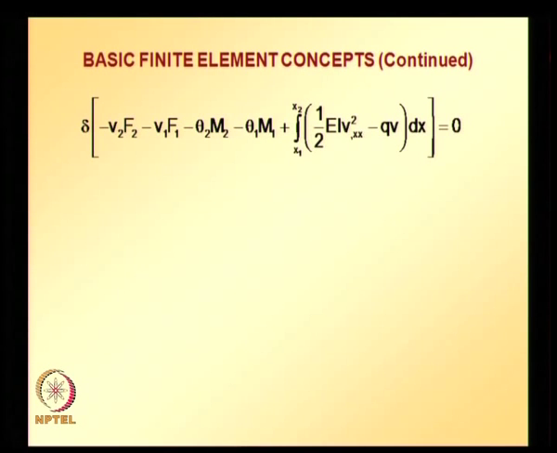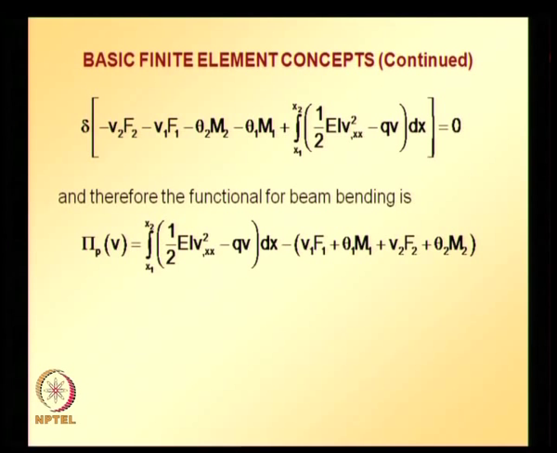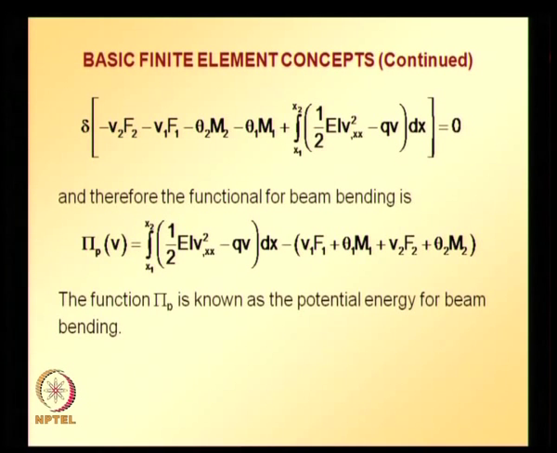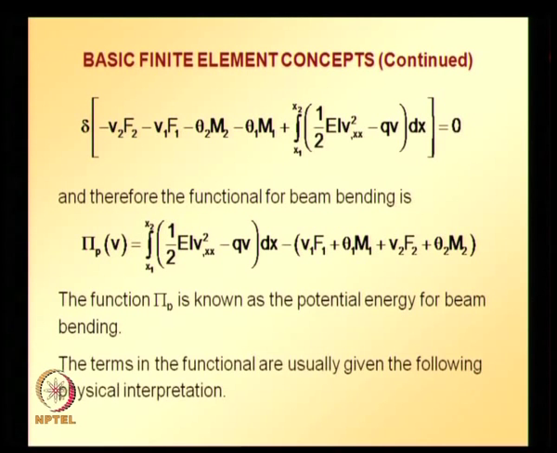So, the potential energy functional for the beam bending problem looks like this. The functional is known as the potential energy for beam bending, and the first term in the functional is nothing but the bending strain energy.